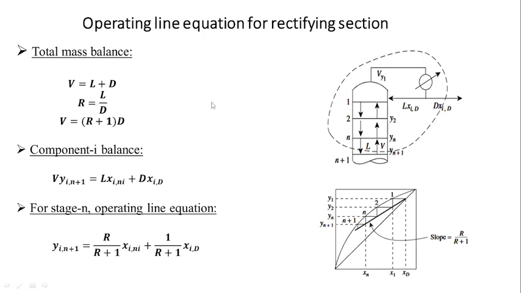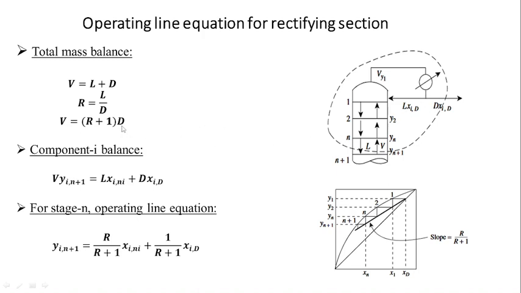If V represents the vapor flow rate from the overhead of the distillation column, L represents the amount of liquid that is recycled back to the column, and D represents the distillate that is collected as top product, then from the balance we can see that V equals L plus D.